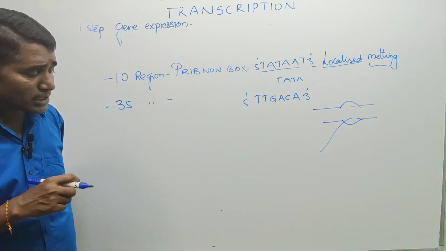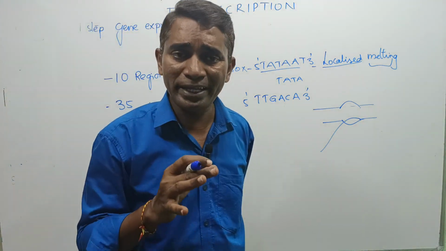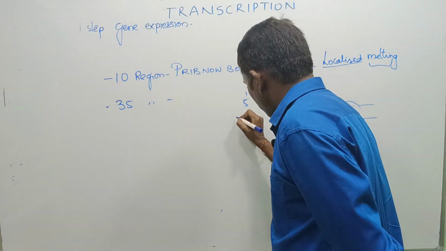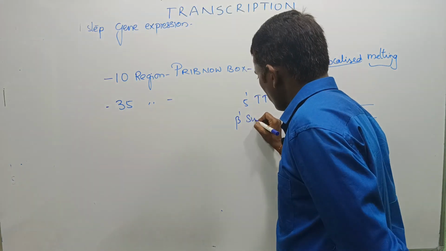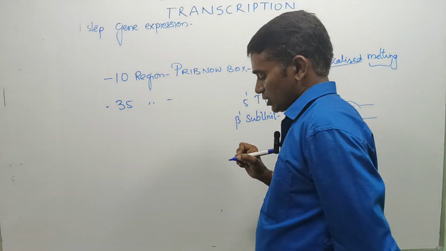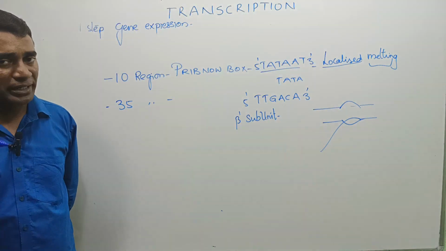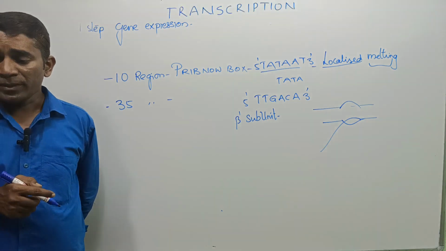So this -35 sequence is a consensus sequence. It is concerned with the binding of the beta prime, beta dash subunit of the RNA polymerase enzyme.